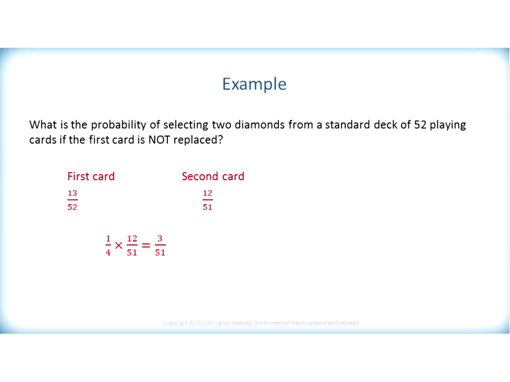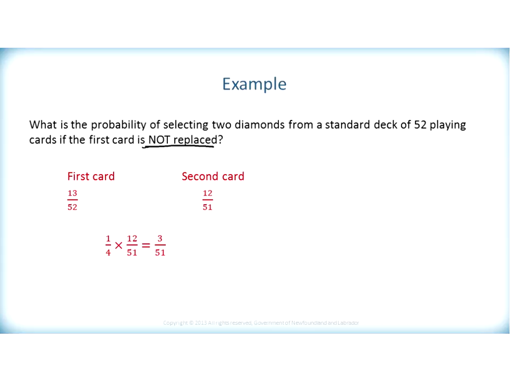Let's look at an example. What is the probability of selecting 2 diamonds from a standard deck of 52 playing cards? If the first card is not replaced, and this is important, then that indicates to us that these are dependent events.